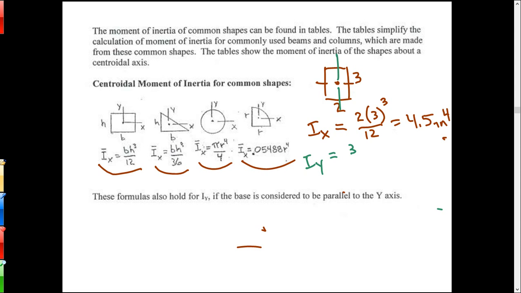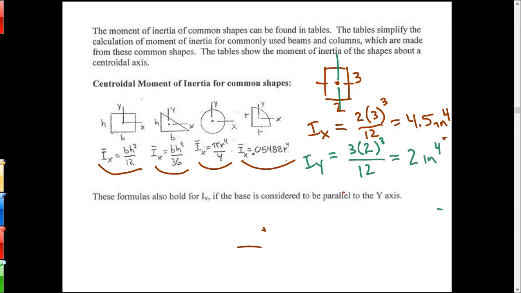I would define the base as being parallel to the axis. The height, which I would define as being perpendicular to the axis, becomes 2 cubed over 12. Is that what we got? Oh, right, yeah, it comes out to be 2 inches to the 4, okay?